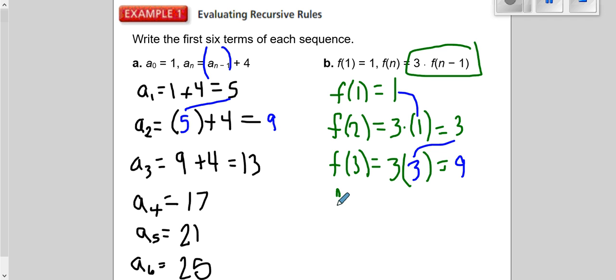Let's do it the long way one more time. So f of 4 is 3 times the previous term. So all we're doing is multiplying by 3 each time.